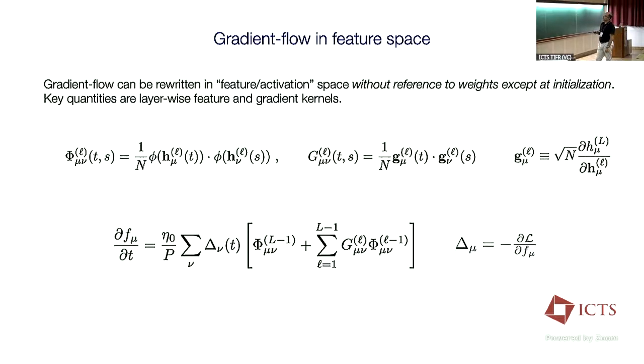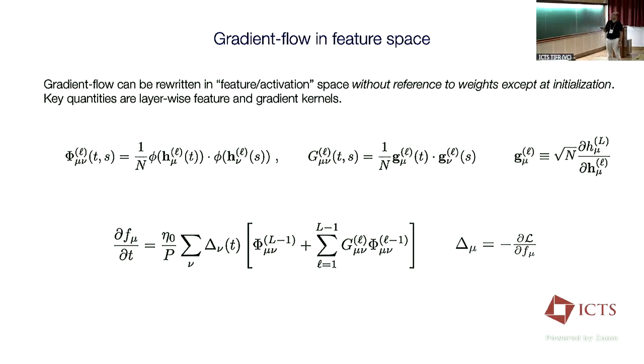All right, so I'm going to construct these objects. This object I'll call a feature kernel, because it's a dot product of feature vectors. Although it's not technically a kernel, I'll call it that. It has all these indices. And then I'll form an analogous kernel from gradient signals.